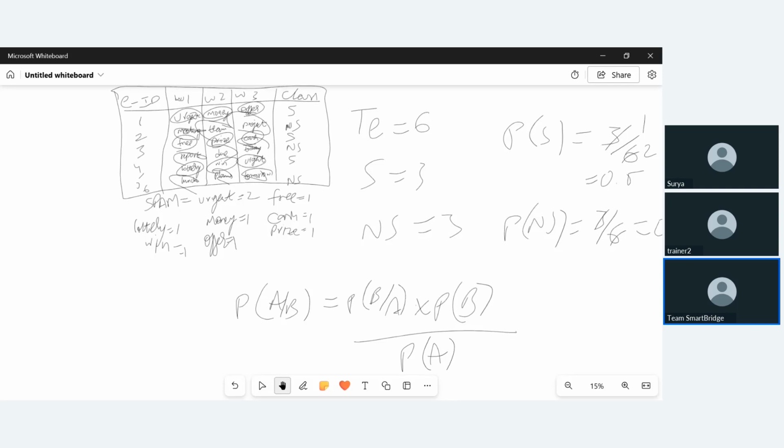If these words appear in our email, that is the event B. These words come out of how many words? Out of 15 words, we have these 9 words in our vocabulary. Actually, not 15, we have 30 words.